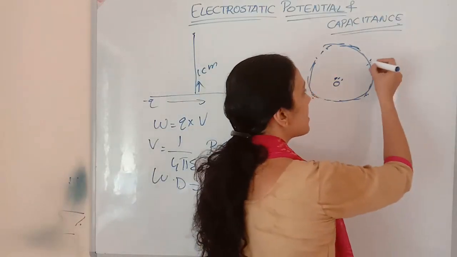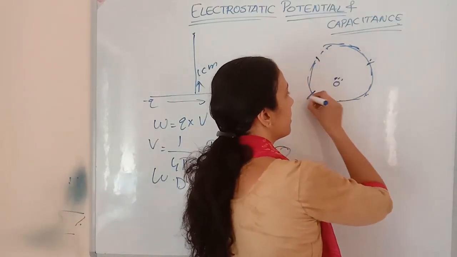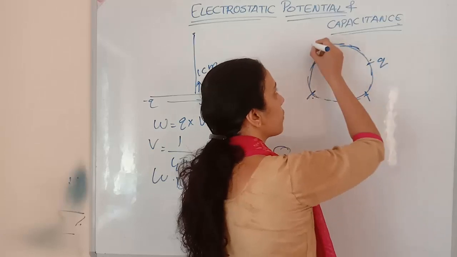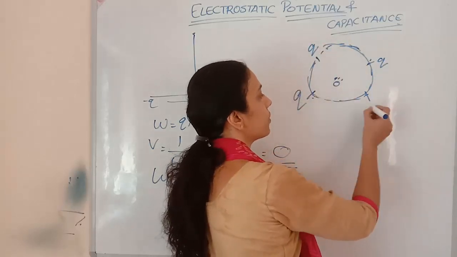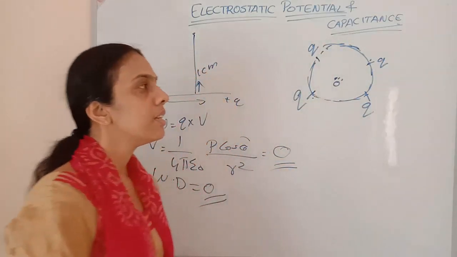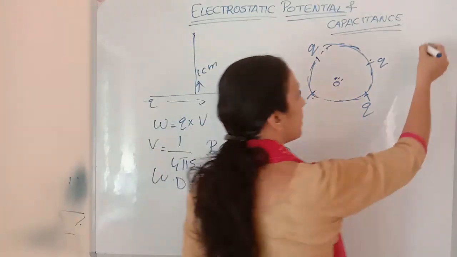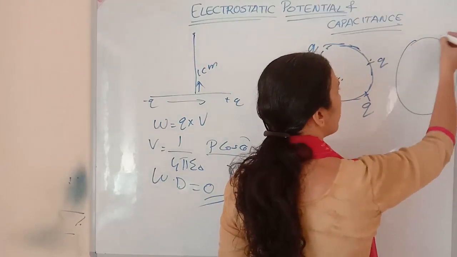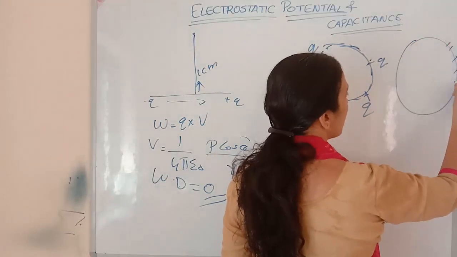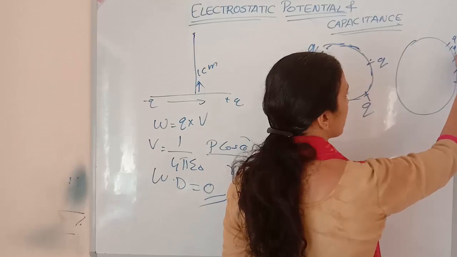If it is uniformly distributed at equal distances, Q is over here, Q is over here, and so on. Here I am considering the non-uniformly distributed case, where all the charges are at this point.